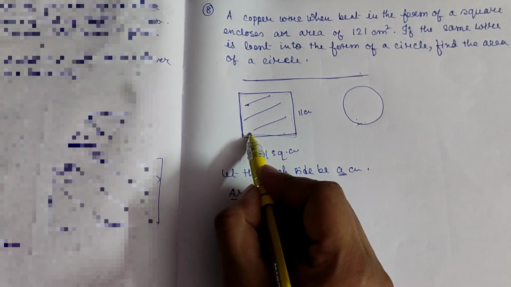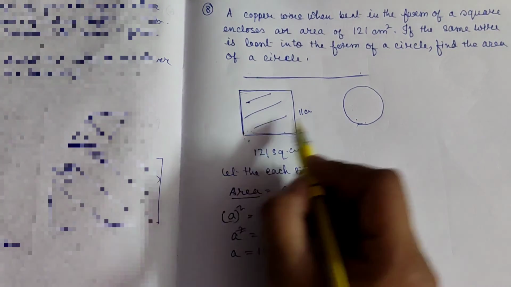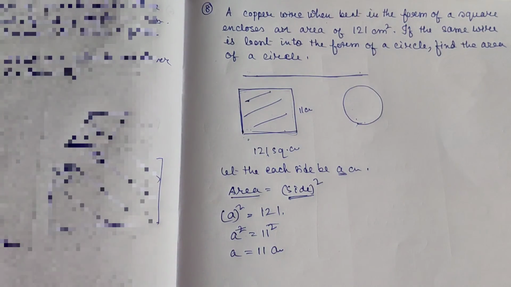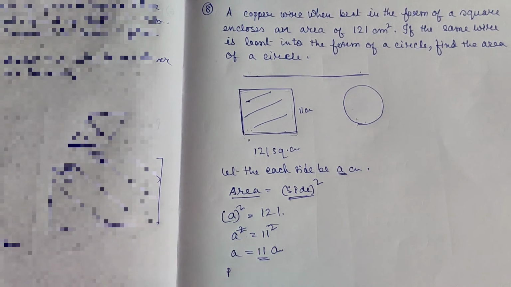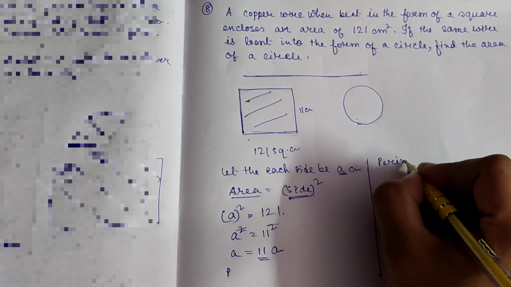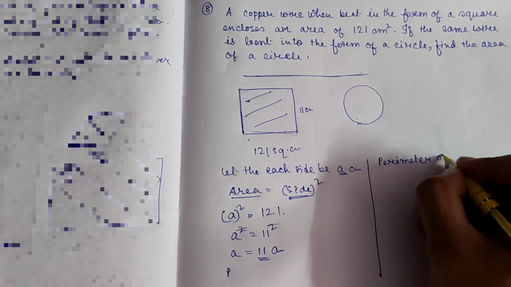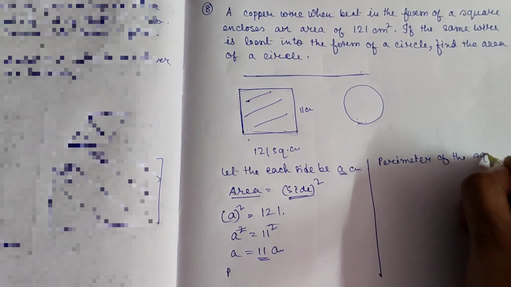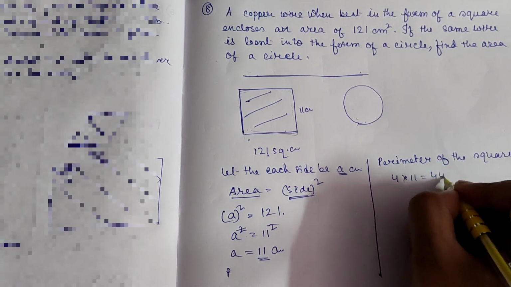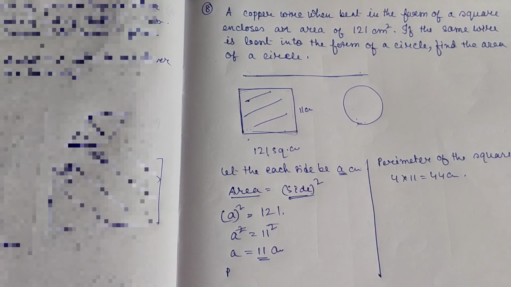It means the perimeter of the square and the perimeter of the circle is same. So we need to know the perimeter of the square. If each side is 11 centimeter, perimeter of the square will be 4 into 11, which is 44 centimeter.